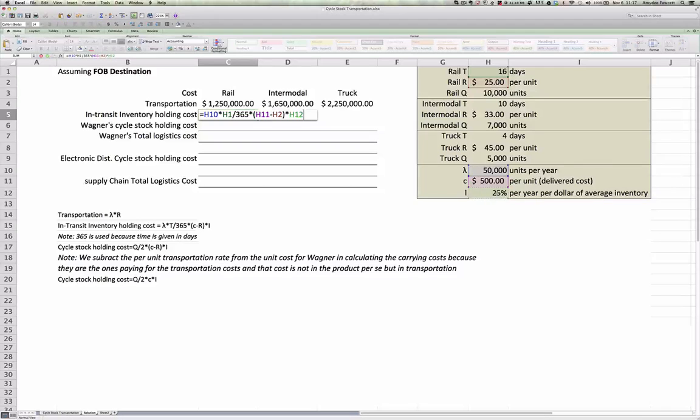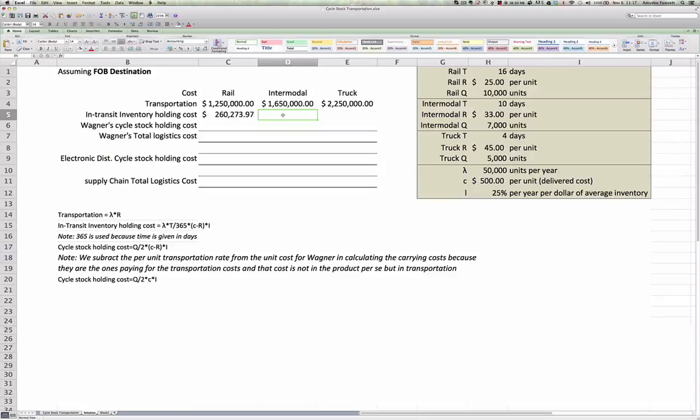Because at this time the unit is in transit inventory, it does not have the value added of that transportation cost just yet. So we can, for example, assume that transportation services are paid upon delivery. So the actual value of the good, while it is in transit, is net of transportation rates. So this is why we subtract transportation rates from the unit cost before we multiply this cost figure with the inventory carrying charge per year.